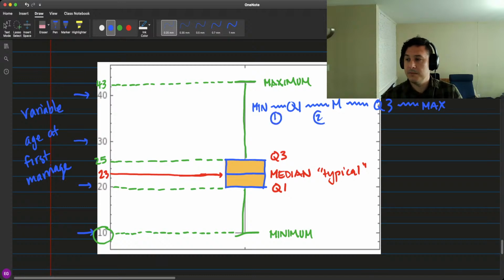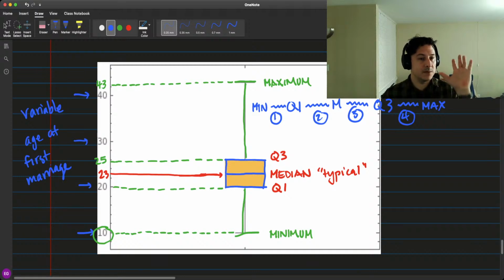Part 1, part 2, part 3, and part 4. Because you're splitting your data into 4 parts, how big are they each?